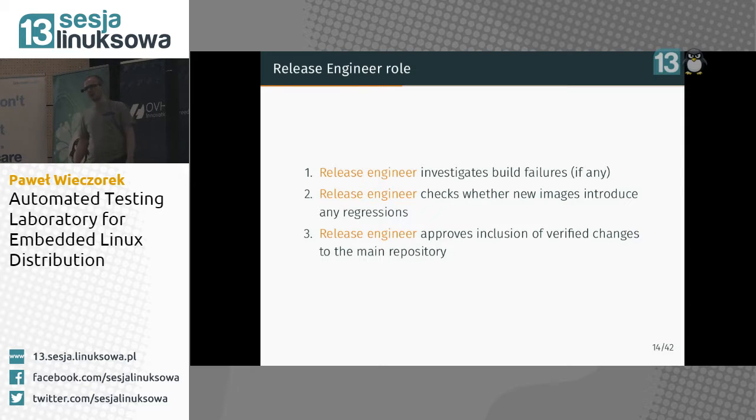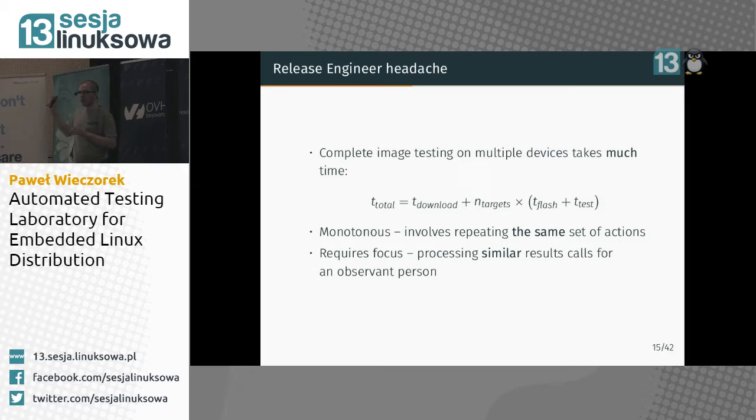Unfortunately, this gives us a lot of headache, actually, because all these actions, first of all, take a lot of time. We had to manually download all those images, then test them on every target device we currently support.